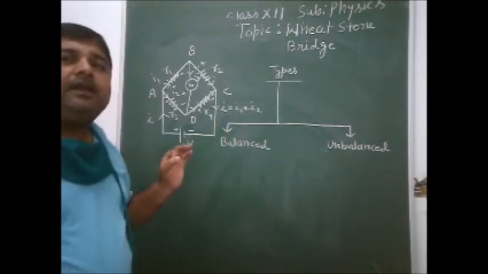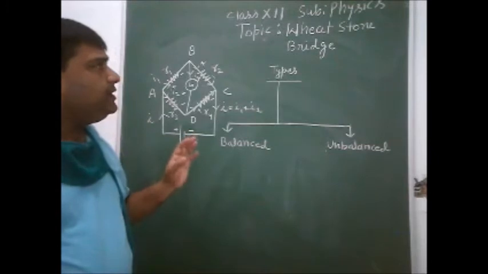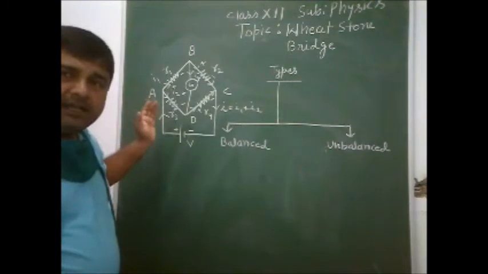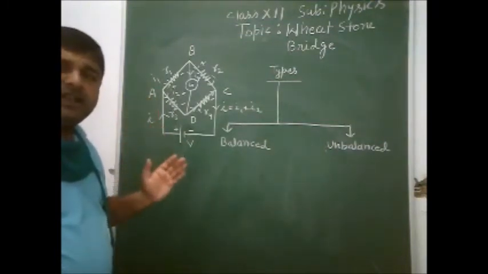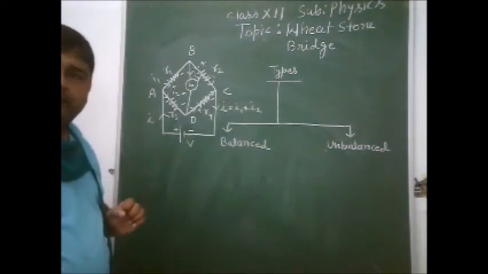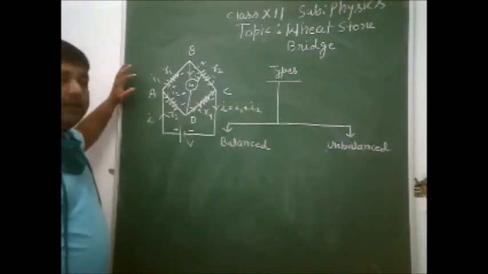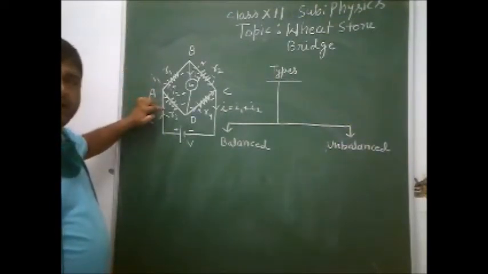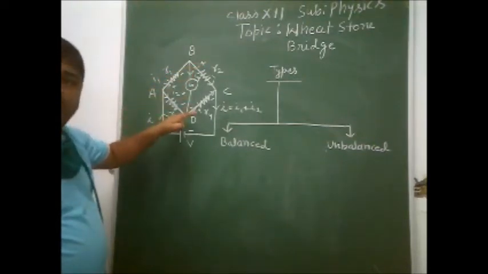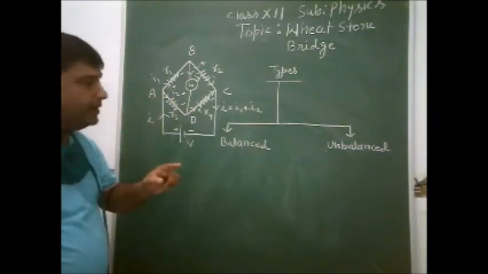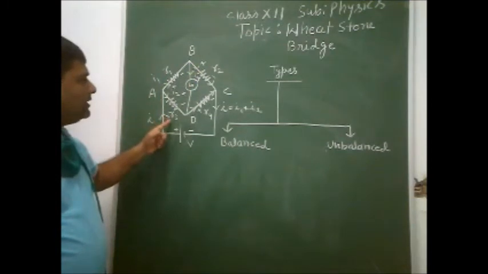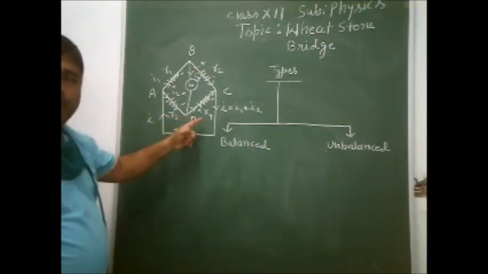A bridge is called balanced Wheatstone Bridge if the ratio of the resistances in the adjacent arms are equal. It means R1 upon R3 must be equal to R2 upon R4, or R1 upon R2 is equal to R3 upon R4.